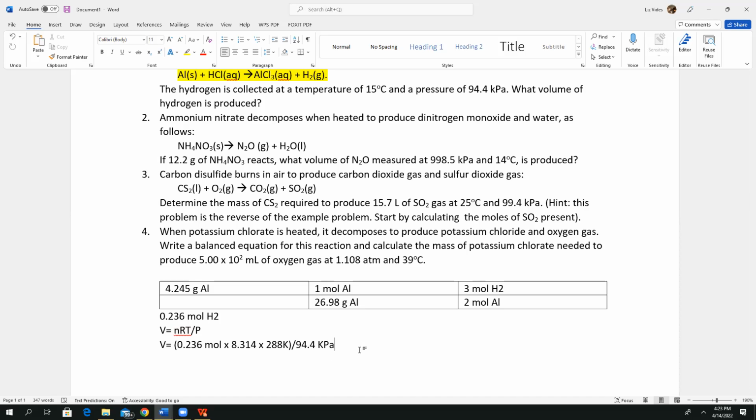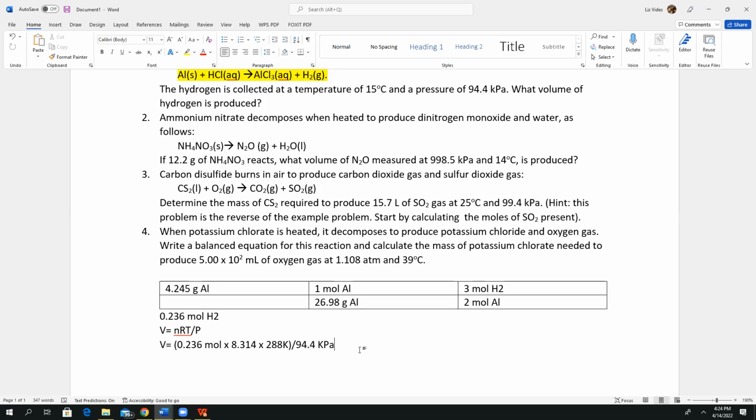Same thing for the other one. After you do the balanced equation, that's a 1-to-1. Is it N2 or NO2? I think it's N2, right?